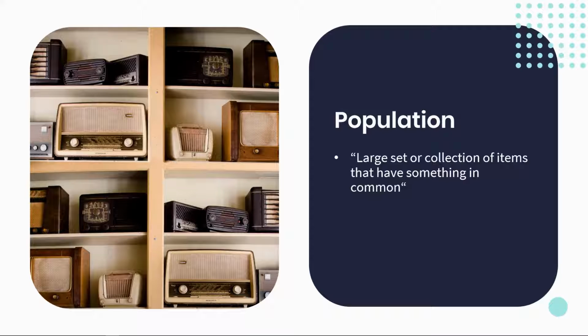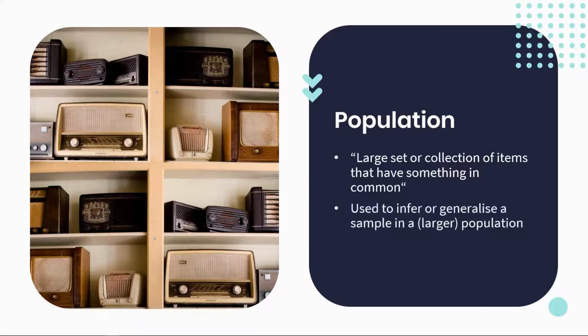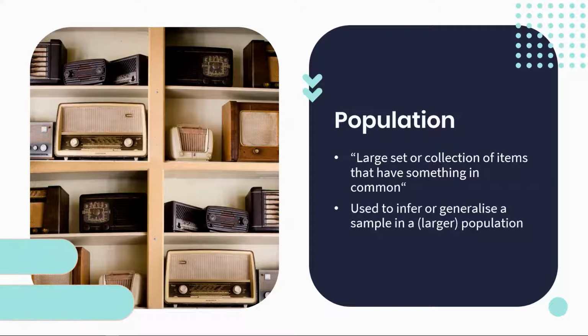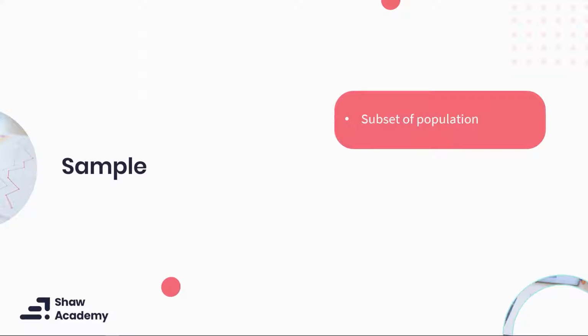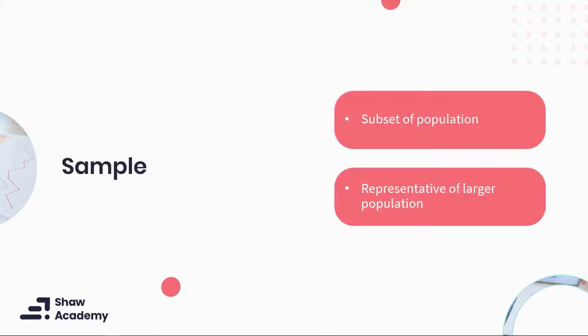But what happens when we want to find out more information about people in the country quickly? This task would be difficult with an extremely large group. We could conduct a smaller study based on a small proportion of the population. The proportion of the population is a representative of the larger group and is known as a sample. We can use the sample to make inferences on the general population of the country.